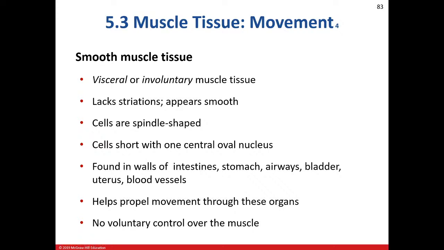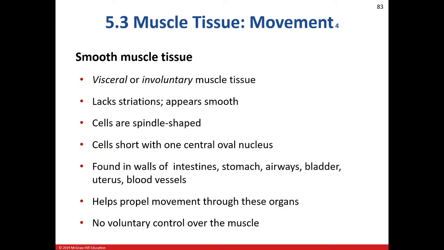Last up, we have smooth muscle tissue, also known as visceral or involuntary muscle tissue. And this is another muscle tissue that we do not tell to contract, at least not consciously, right? Good. The brain can tell it to contract, but not the conscious part of our brain that we're controlling.